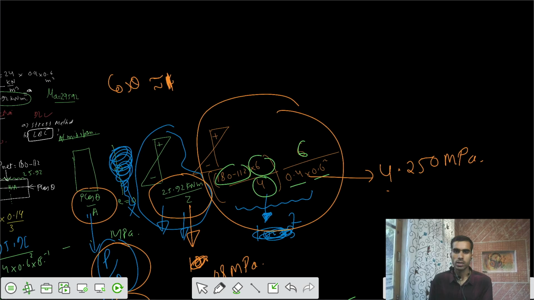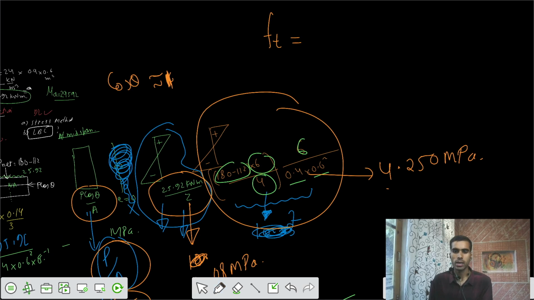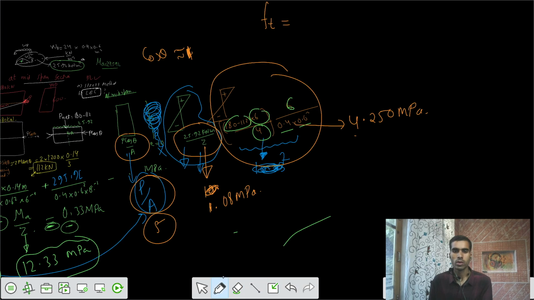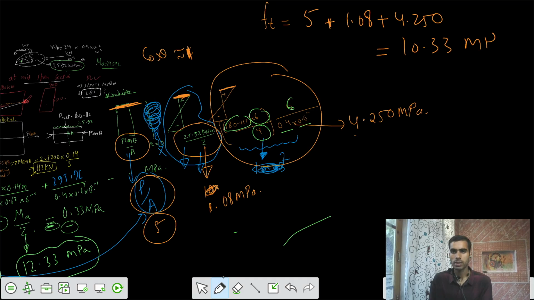So stresses at the top: your P by A is 5 megapascal compressive, and this one is also positive, plus 1.08, and this one is also positive, plus 4.250. What is this total value? 4.25 plus 1.08 plus 5 is 10.33 megapascal.